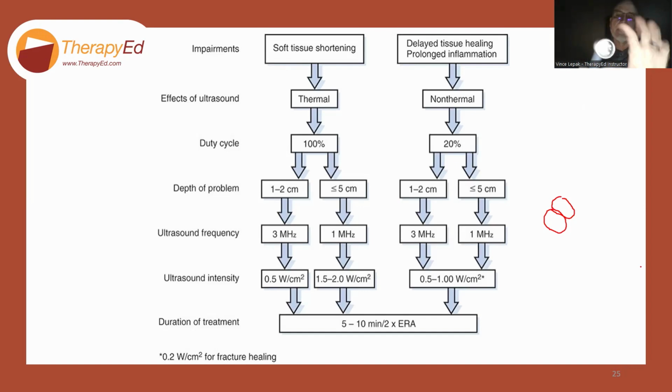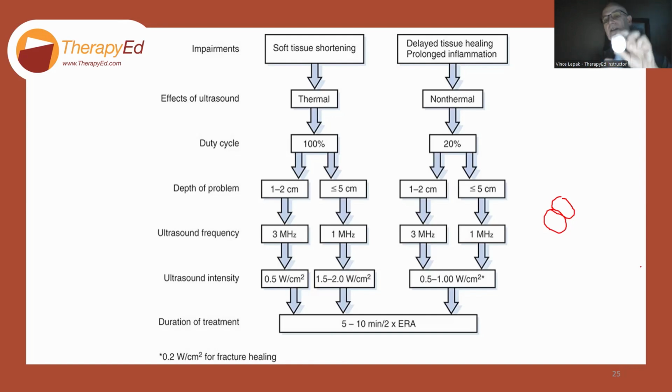This area under here is what's called the effective radiating area. That's the size of the crystal. There's a crystal in there that when current is applied to it, it vibrates and produces a sound wave. Usually that is pretty close to the size of the ultrasound head.